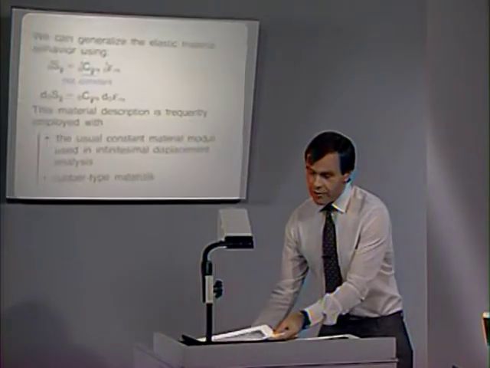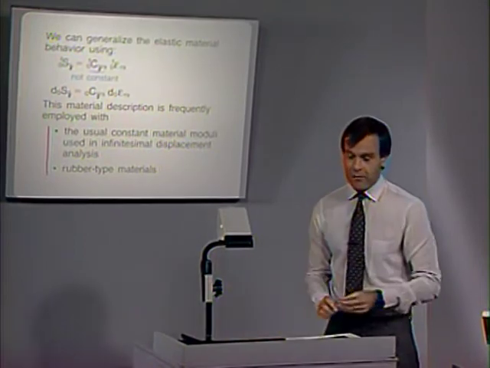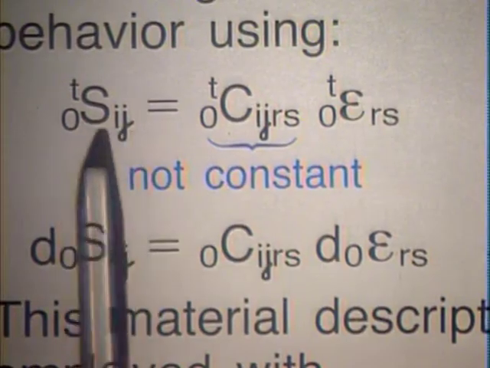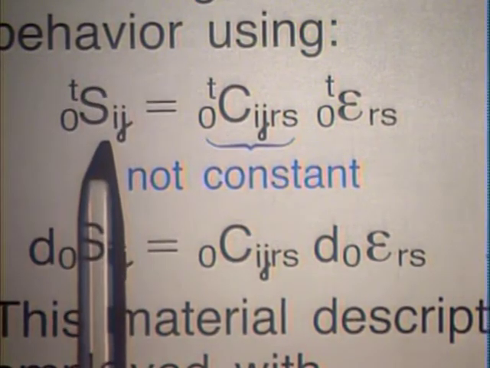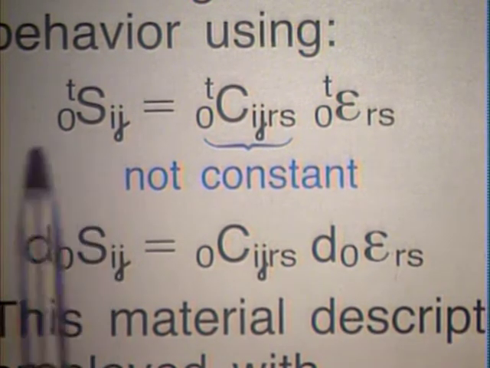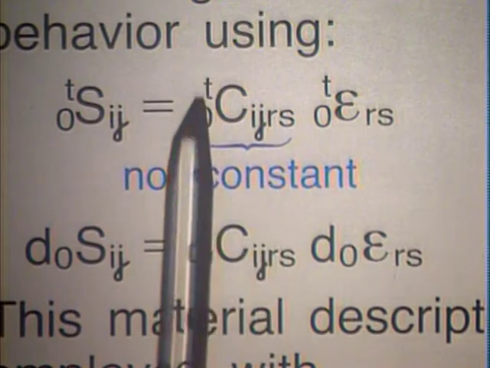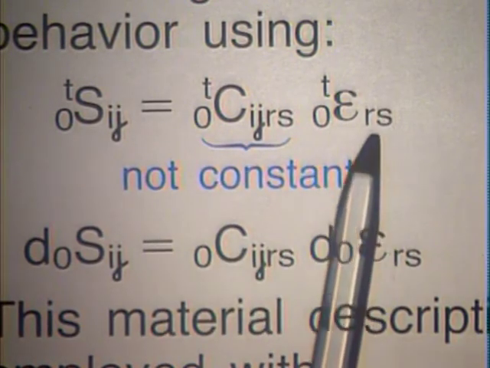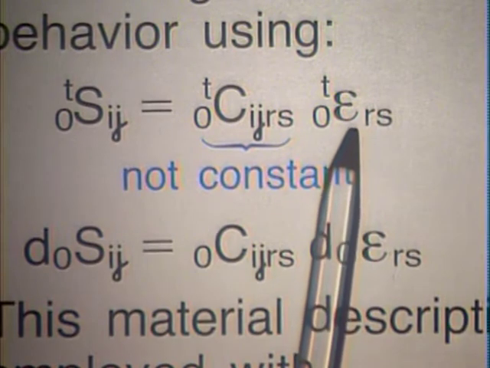We can generalize this elastic material behavior using the total Lagrangian formulation as shown here. Notice that the total stress, the second Piola-Kirchhoff stress, we talked about this stress measure in an earlier lecture, is given by the stress-strain law times the total strain, the Green-Lagrange strain, once again we talked about this strain measure in an earlier lecture.